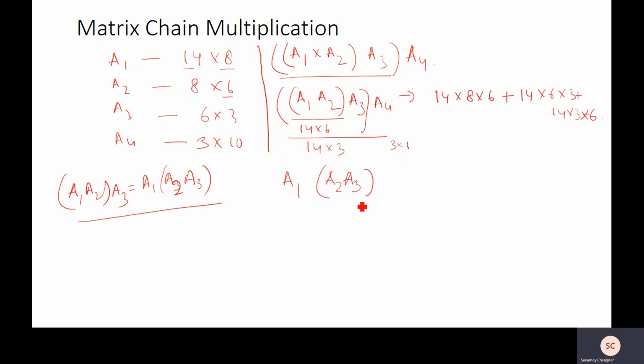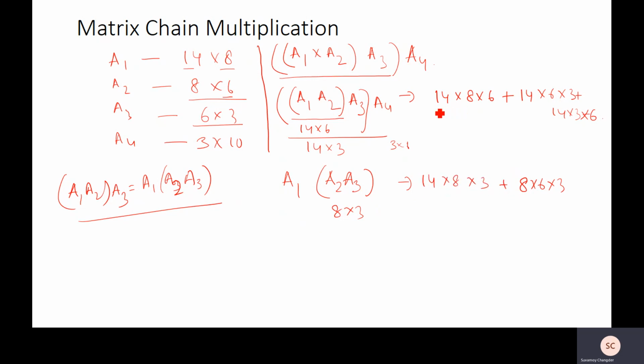Therefore we can go for this one also. If we multiply in this way, what will happen? We will get A2, A3 means 8 cross 6 cross 3. The number of multiplications we require is 8 into 6 into 3, and the resultant dimension will be 8 cross 3. If we multiply A1 with this, then we will get 14 into 8 into 3.